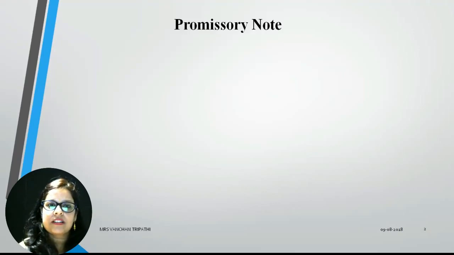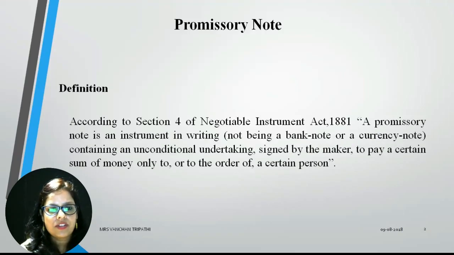So first let me discuss what is a Promissory Note. How can we define a Promissory Note? According to Section 4 of the Negotiable Instruments Act 1881, a promissory note is an instrument in writing containing an unconditional undertaking signed by the maker to pay a certain sum of money only to, or to the order of, a certain person.